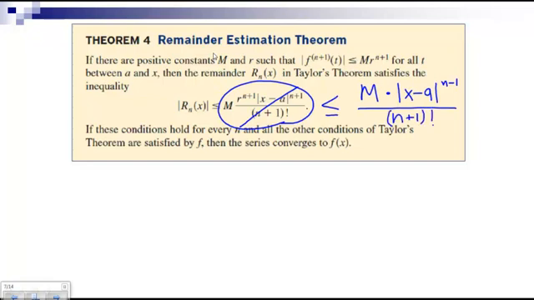I'm going to simplify things just a little bit. It says that the absolute value of the remainder, in other words, the error, how far we're possibly off from our function, has to be smaller than M times x minus a to the n plus 1 power, divided by n plus 1 factorial. It looks a lot like Taylor's theorem. The only thing I haven't told you is what M is.